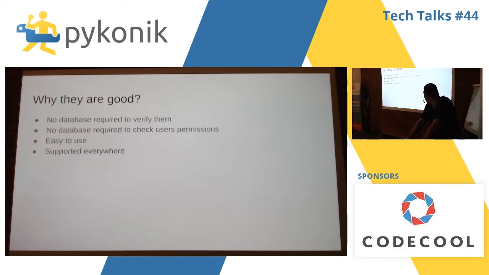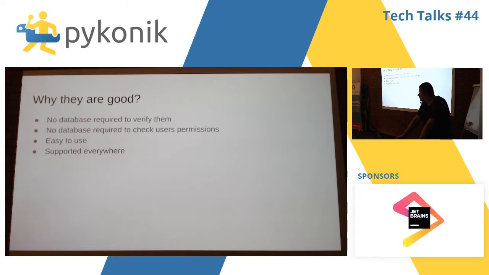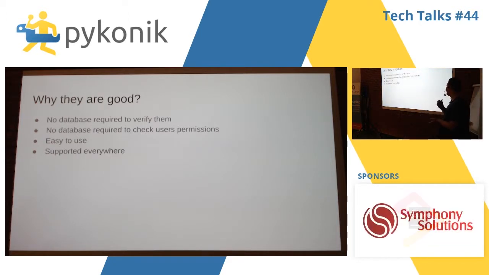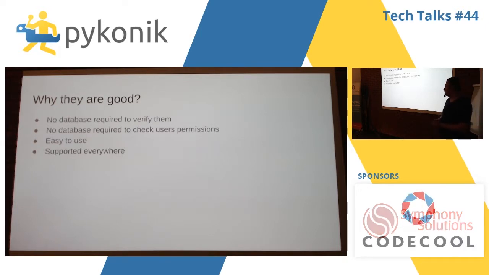So why are JSON Web Tokens good? Because we don't have to fetch from the database on each request the permissions of users, who this user is, his session, etc. We have everything kept inside the JSON Web Token, and as it is signed, we can trust it.